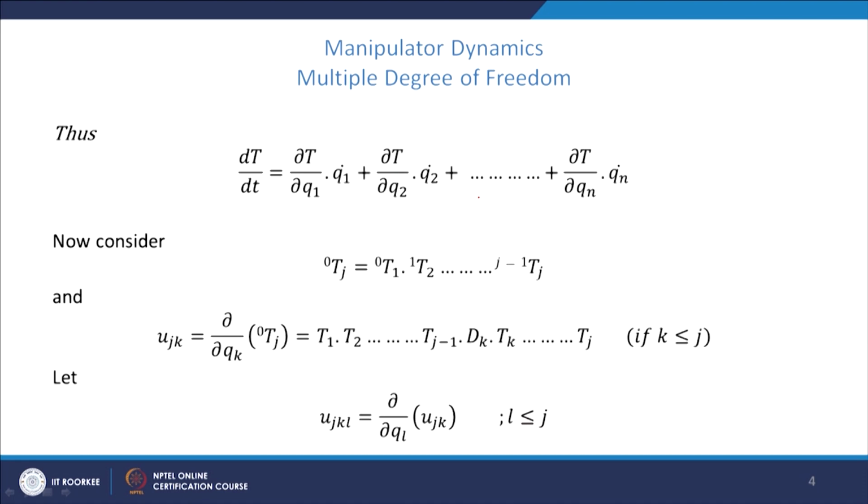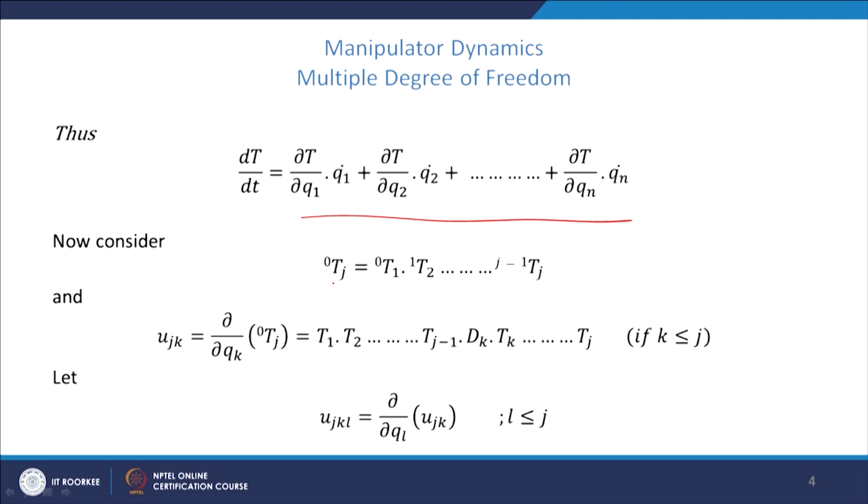The total derivative dT by dt is given by the standard chain rule: del T by del q1 into q1 dot plus del T by del q2 into dq2 by dt, etc. This is the total derivative of the matrix T, where del T by del qi is given in the previous slide.